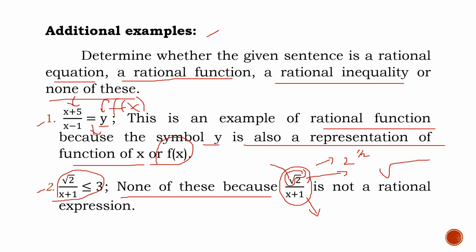Even if the symbol here shows an inequality between your left side and right side, one side is still not a rational expression. Why? Because there is an involvement of a radical sign, which is your square root sign. Therefore, your numerator is not a polynomial function. Then the given does not fall in any of these: equation, function, or inequality. So our final answer is none of these.